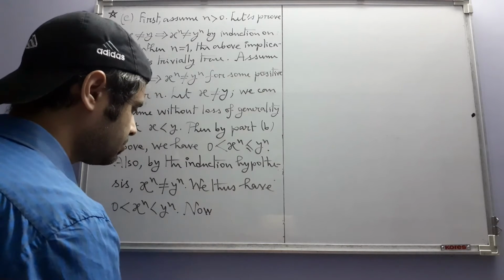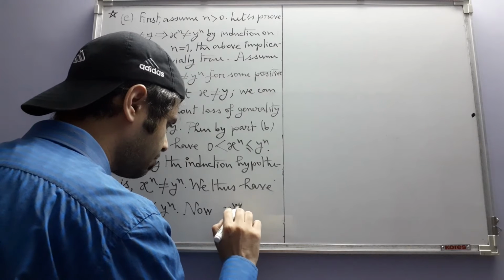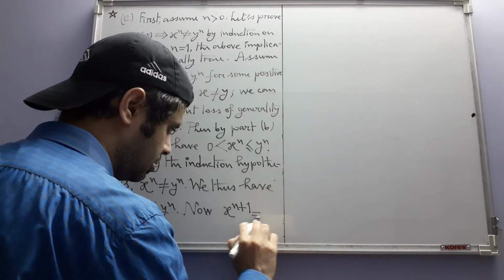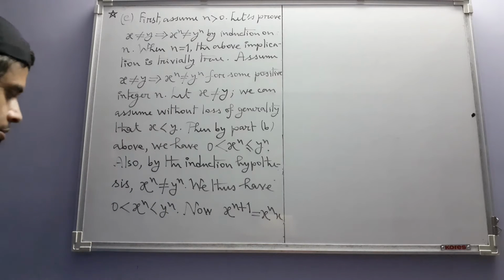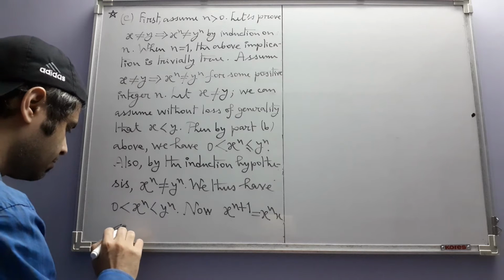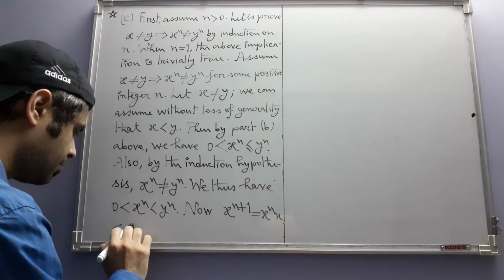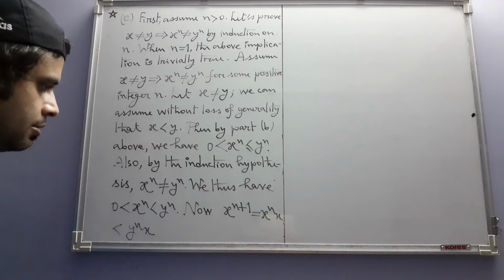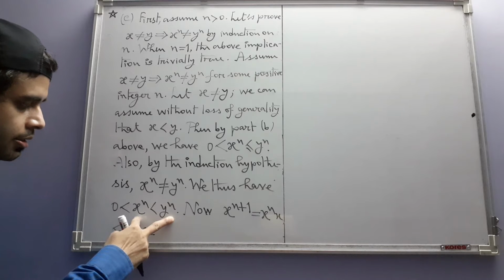Now x to the power n plus 1, this by definition is x to the power n times x, which is less than y to the power n times x. The question is why? You look at this inequality, this second one.